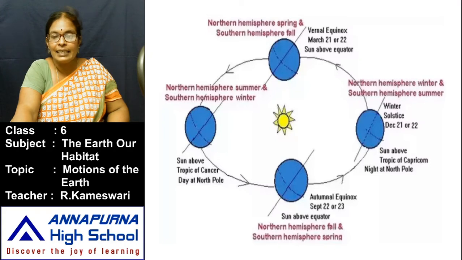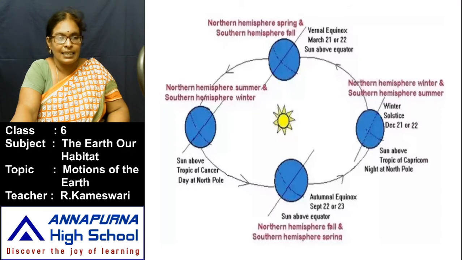The southern hemisphere receives a lot of heat from the sun. The South Pole is tilted towards the sun. Long daytime and short night times occur at this time. The conditions reverse in the northern hemisphere.